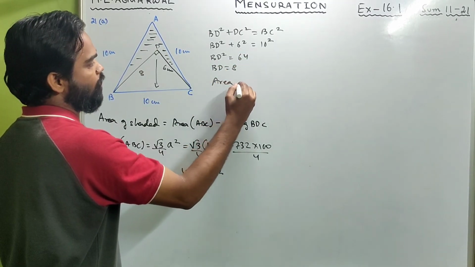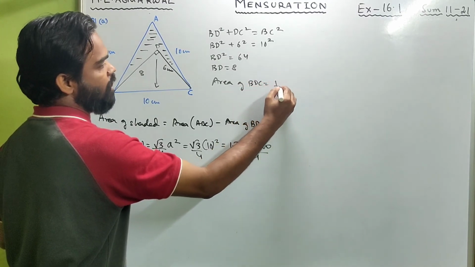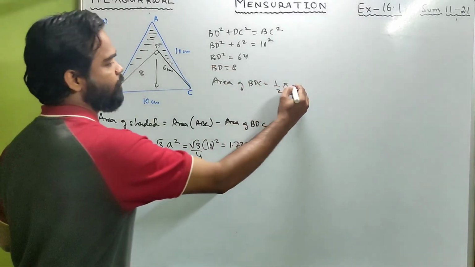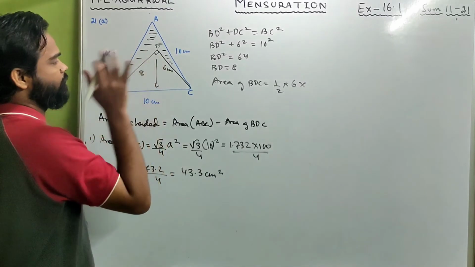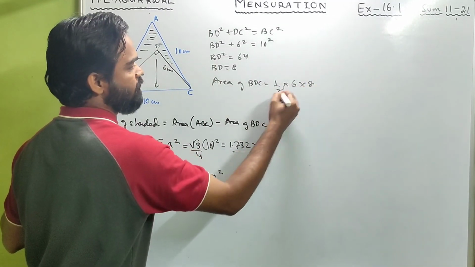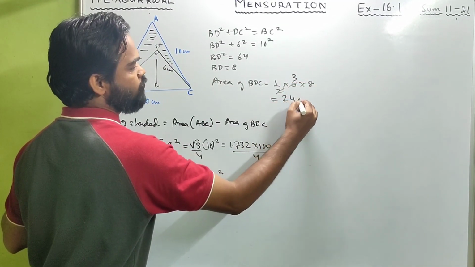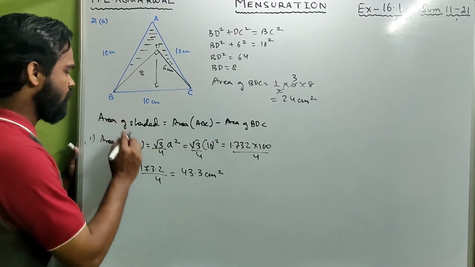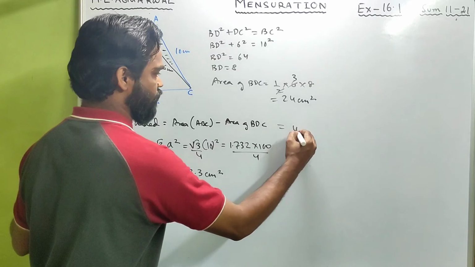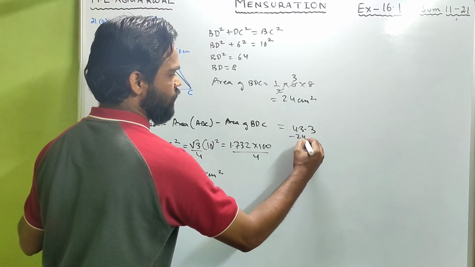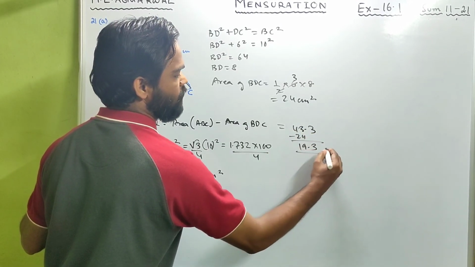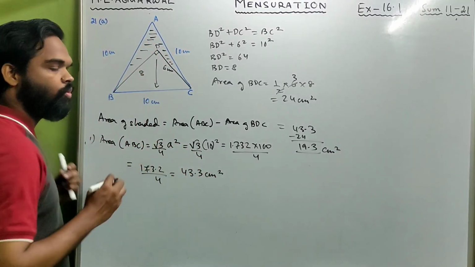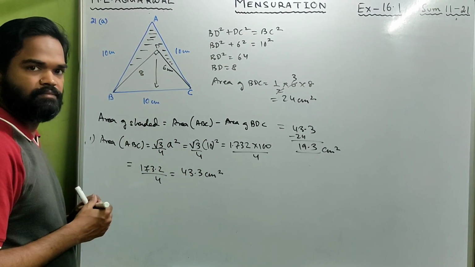So area of BDC will be half into base 6 and height BD, that's 8. That's 24 centimeter square. So area of the shaded region is 43.3 minus 24. That's 19.3 centimeter square. Done.